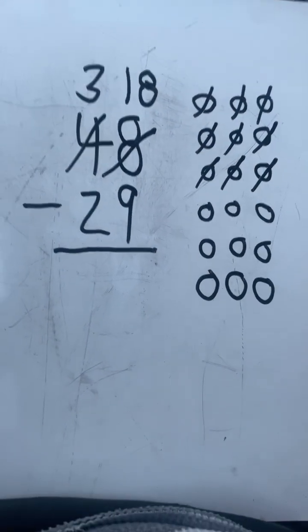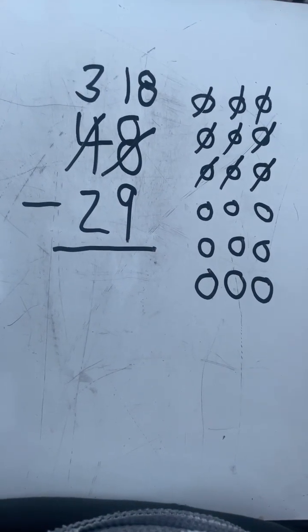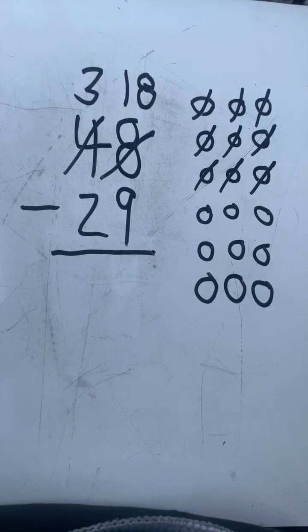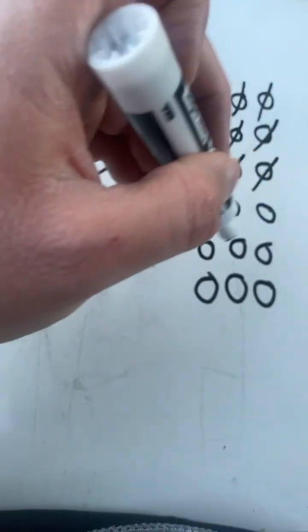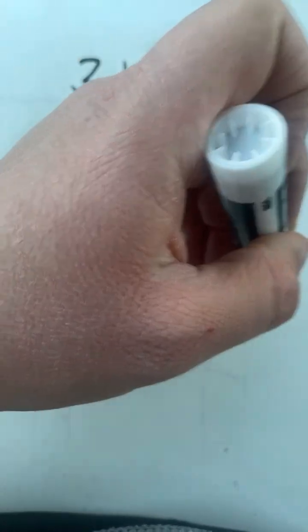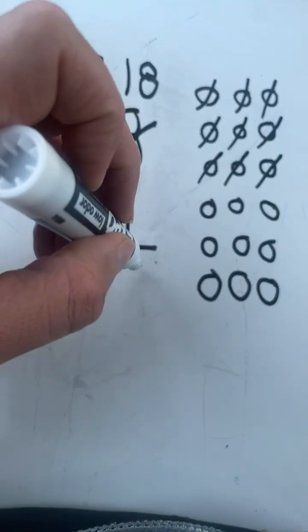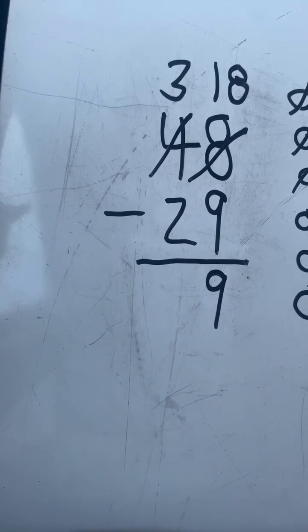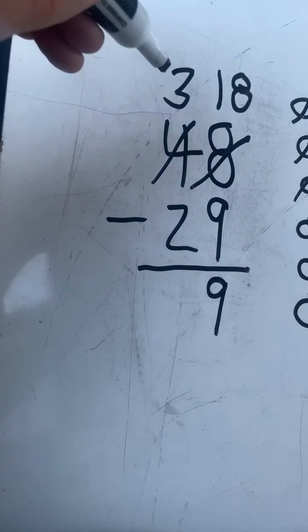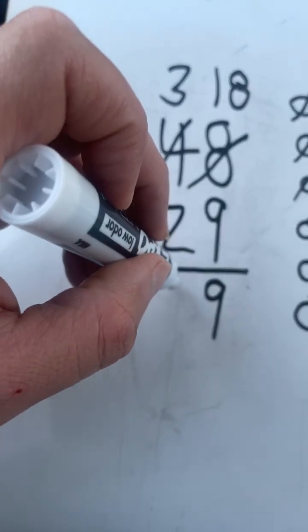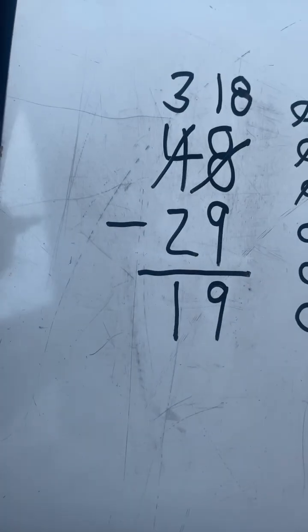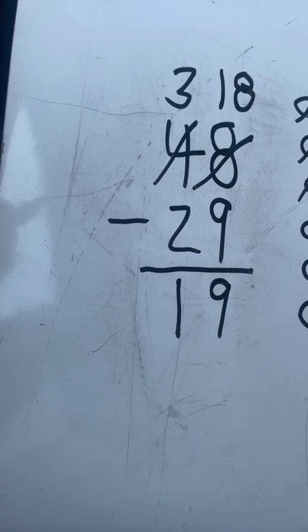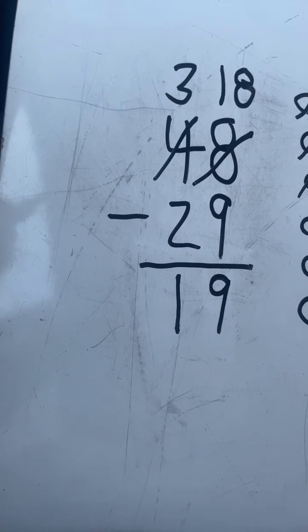And now I'm going to count how many are left. 1, 2, 3, 4, 5, 6, 7, 8, 9. 18 minus 9 equals 9. Now going over the tens place. 3 minus 2 equals 1. And we have our final answer, 48 minus 29 equals 19.